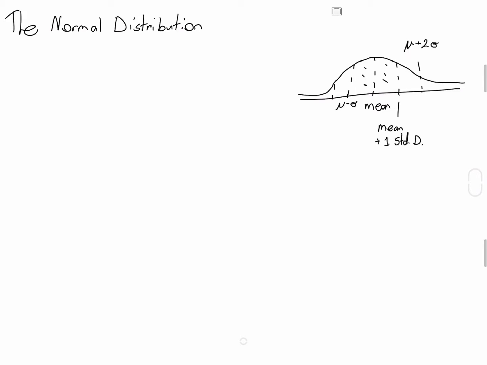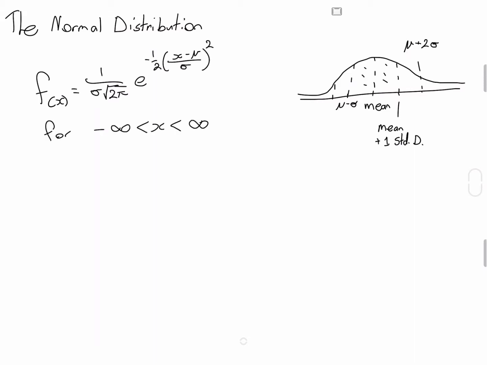Let's look quickly at the probability density function. It looks something like this. Alright, so we've got f of x is equal to 1 over the standard deviation multiplied by the square root of 2 pi multiplied by e to the power of minus a half x take our mean divided by the standard deviation all squared.